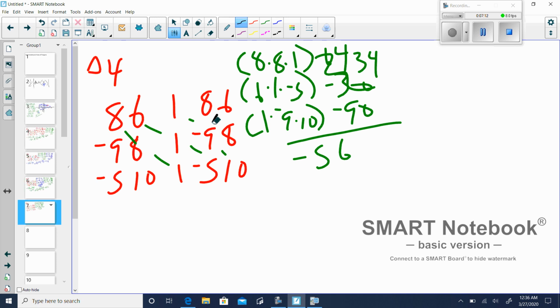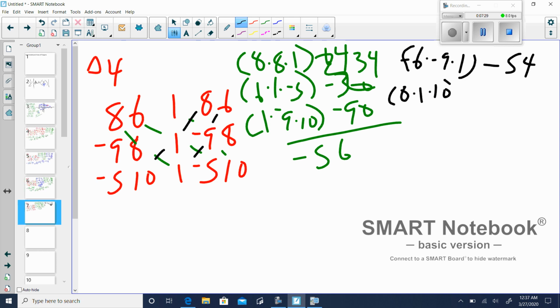Now we go back from right to left. So 6 times negative 9 times 1, that's negative 54. There we go. 8 times 1 times 10, it's 80. And we have 1 times 8 times negative 5.